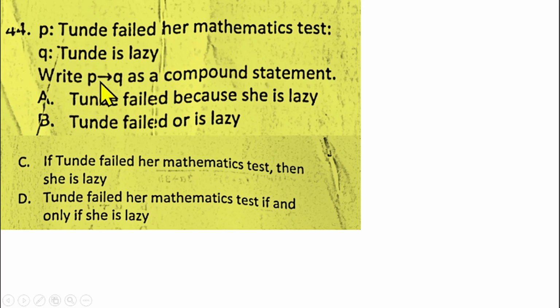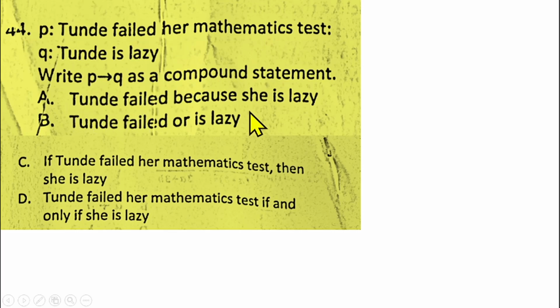We have to write the compound statement if P then Q. It means that if Tunde fails a mathematics test, then Tunde is lazy.